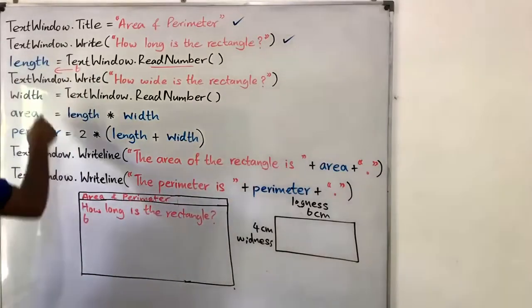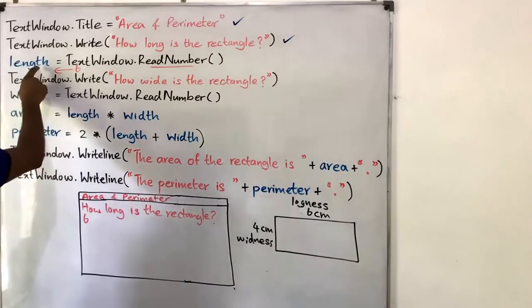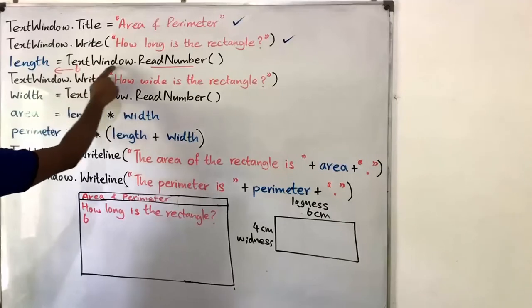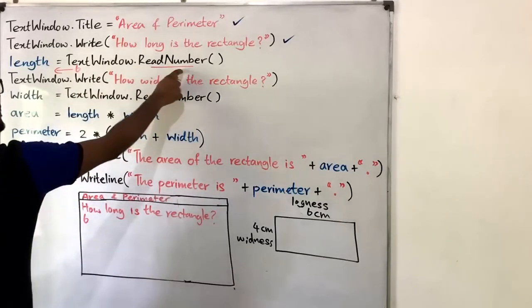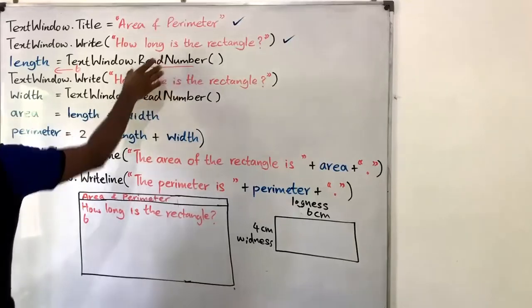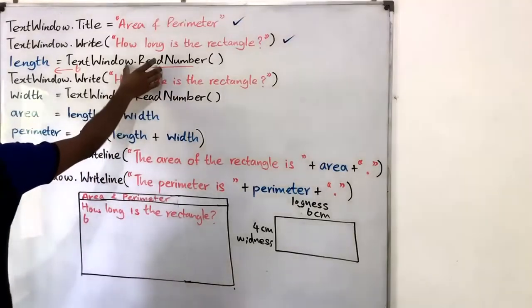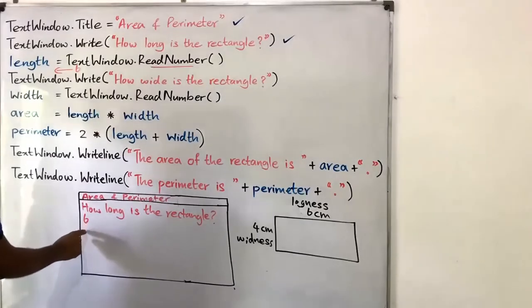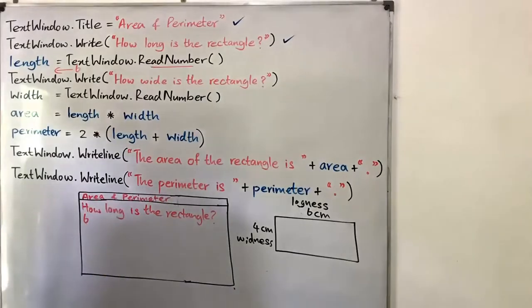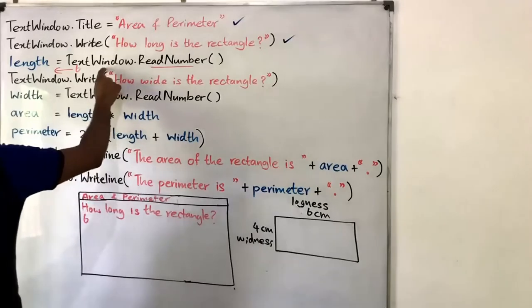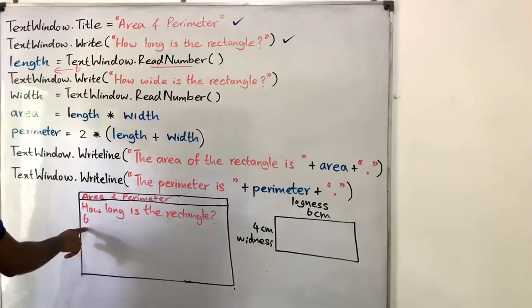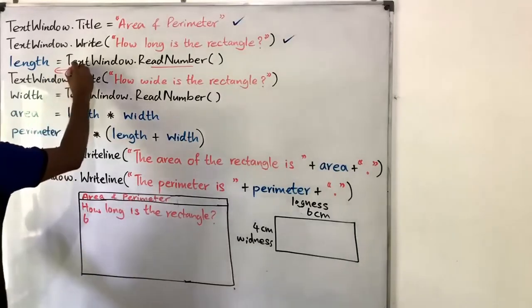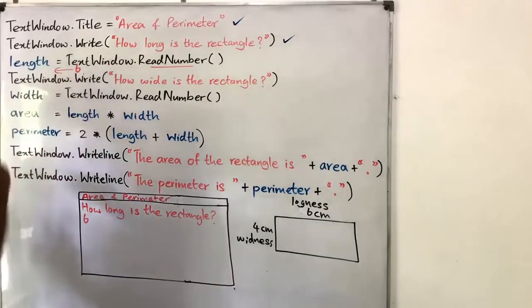So now here, variable length is equal to text window dot read number. Text window dot read number will identify a value in the text window. So this will read the number in the text window, which is 6, and it is assigned to the variable length.